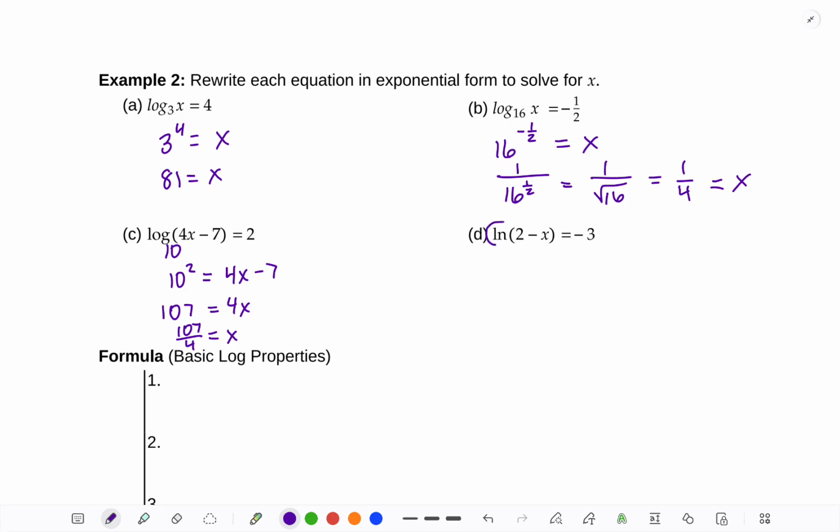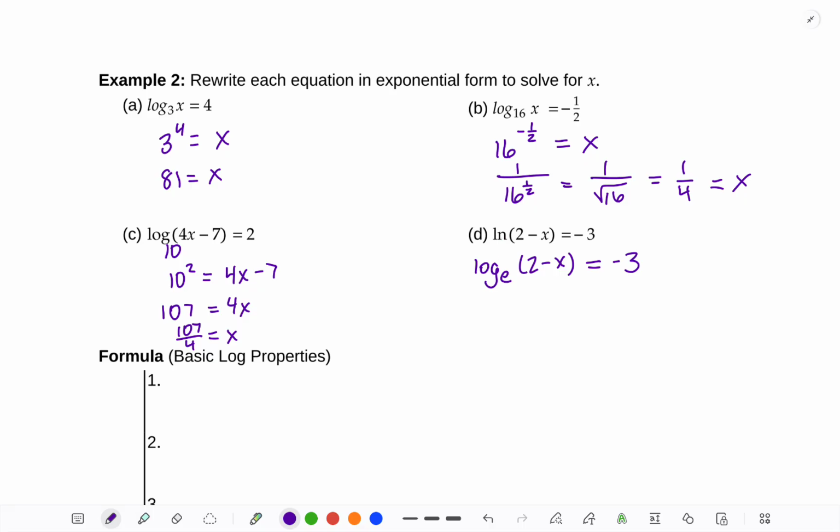And now the natural logarithm, which is ln, and the reason why it's called the natural logarithm is that this appears often when you're talking about population models, bacterial growth, radioactive decay, and all these natural phenomena. But this is equivalent to saying log base e of 2 minus x is equal to negative 3.